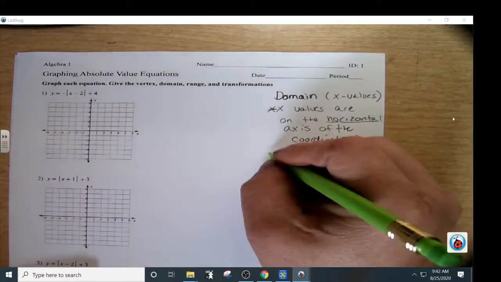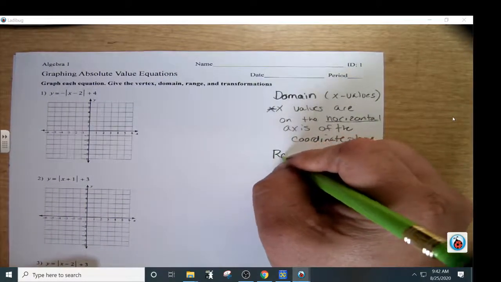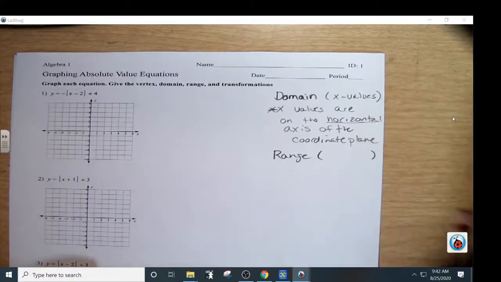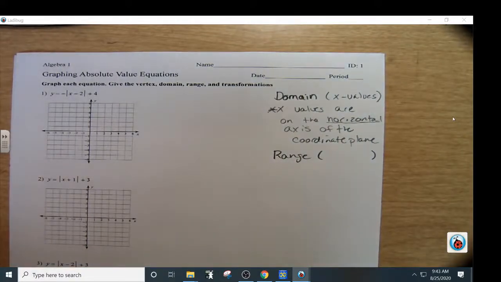All right, now let's talk about the range. Now, if the domain is the x values, because usually domain and range always come together, what do you think the range of a function is?